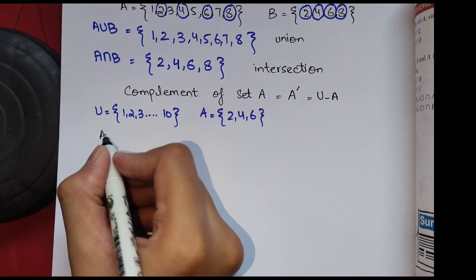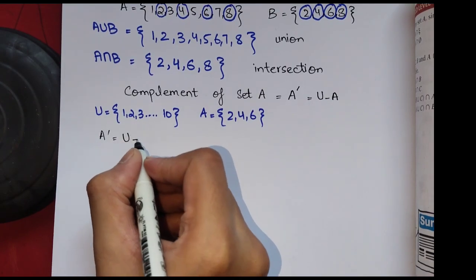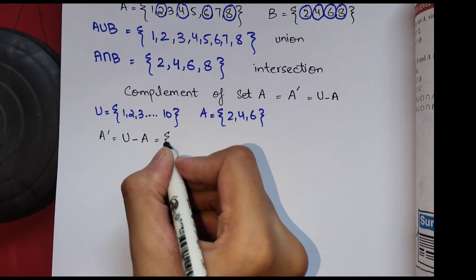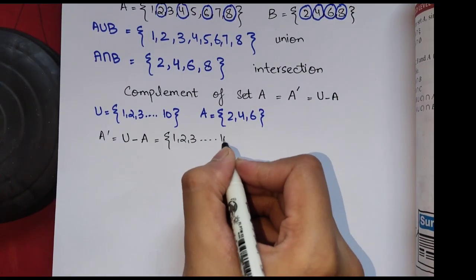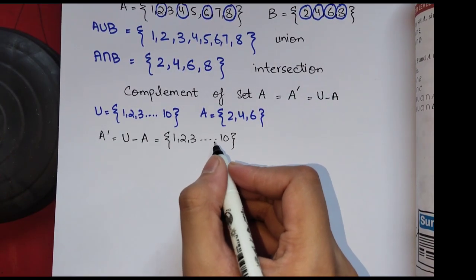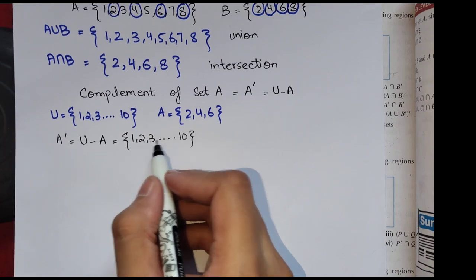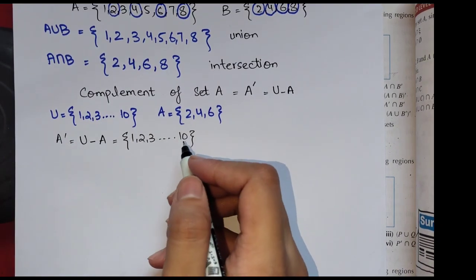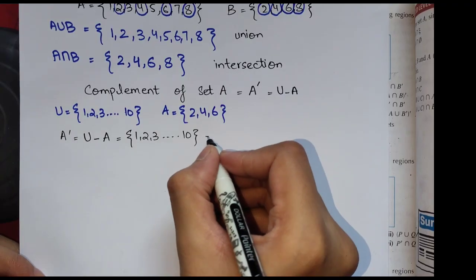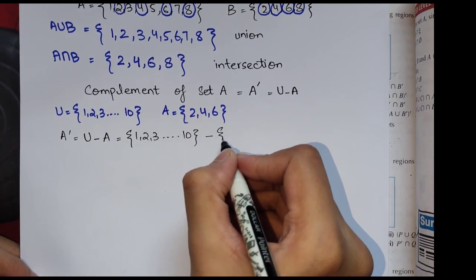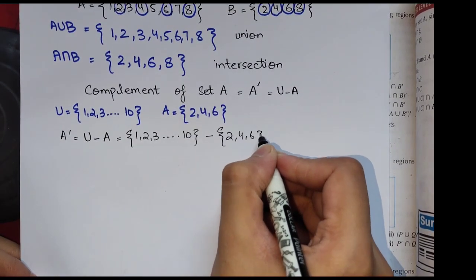It means A complement is equal to the universal set minus the set A, which is equal to, write the universal set 1, 2, 3 up to 10. The dots mean that the numbering continues 1, 2, 3, 4, 5, 6, 7, 8, 9, 10 till 10. Minus the set A. What is the set A? 2, 4, and 6.